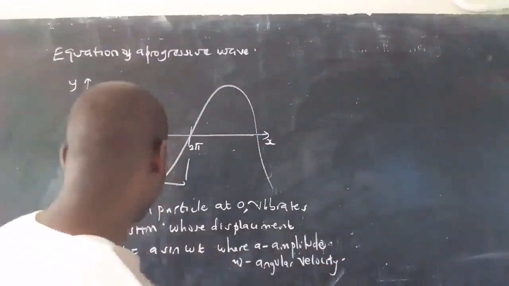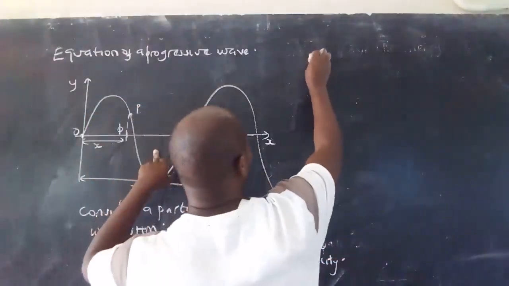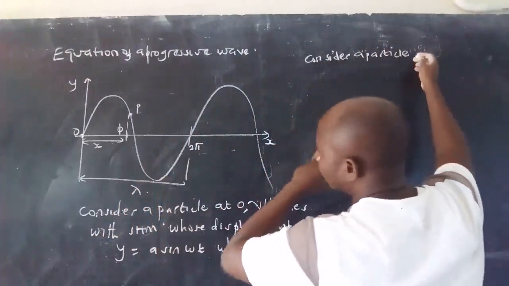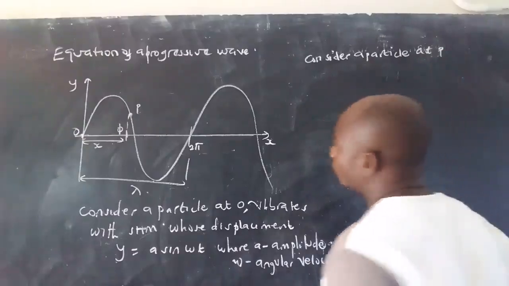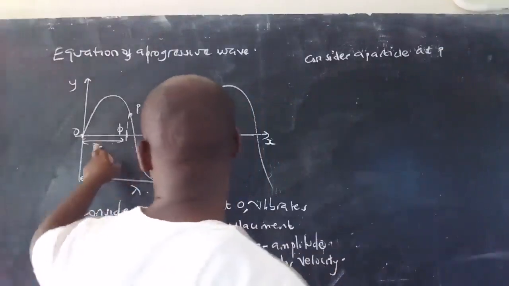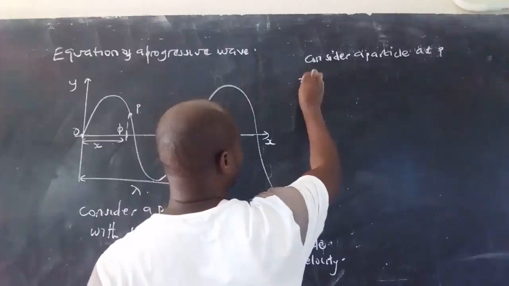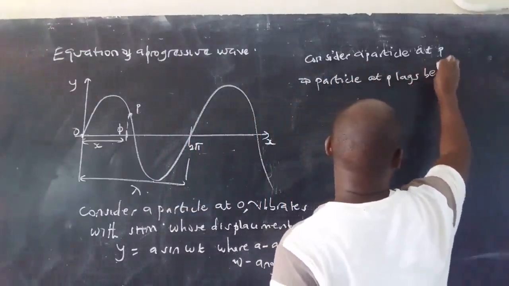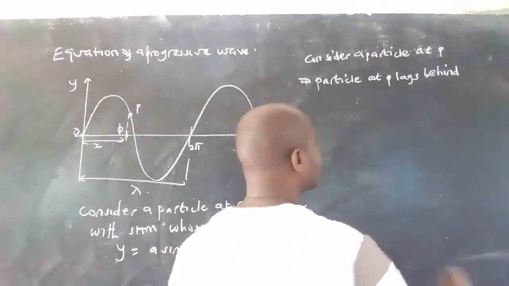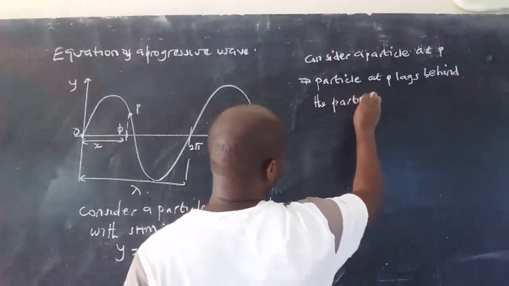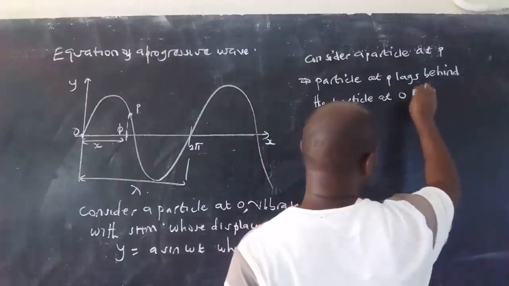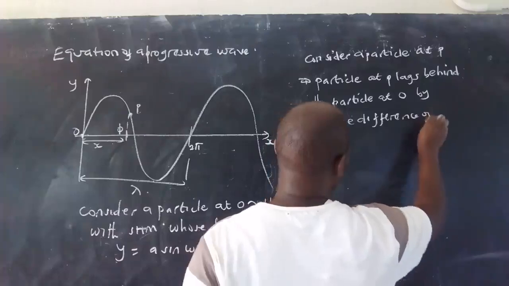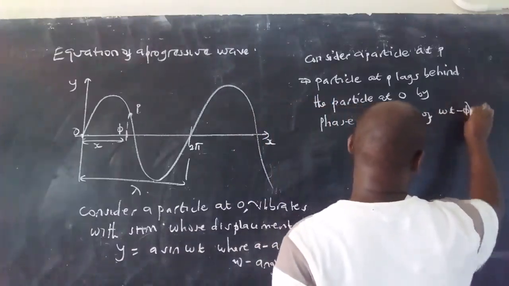Okay? So we substitute, then from there we shall now say that consider a particle at P, which has moved a distance x from O. So the particle at P lags behind the particle at O by a phase difference of omega t minus phi.